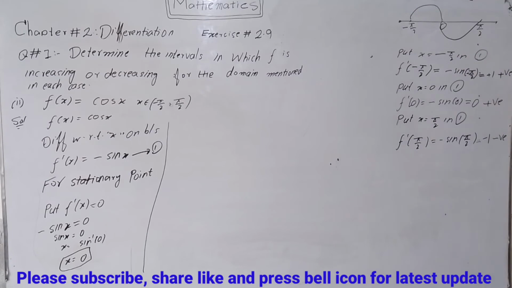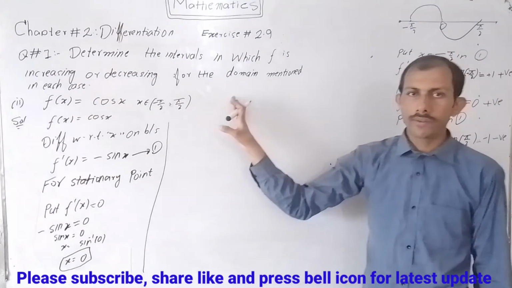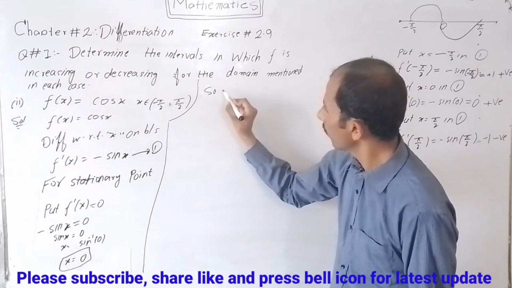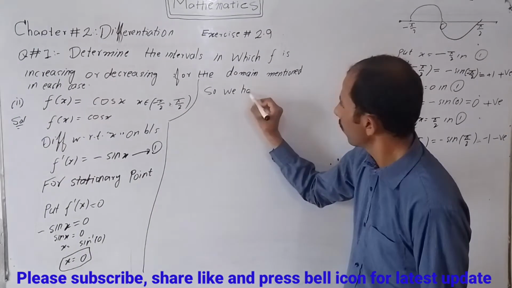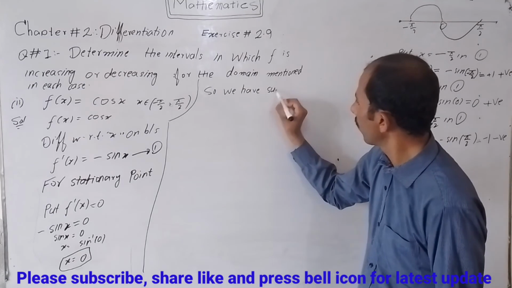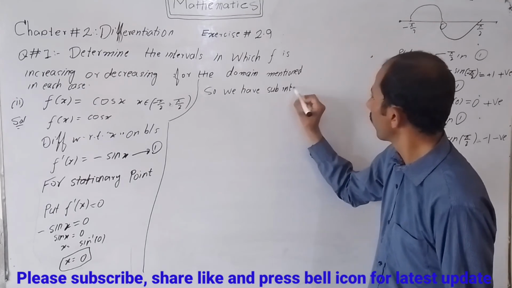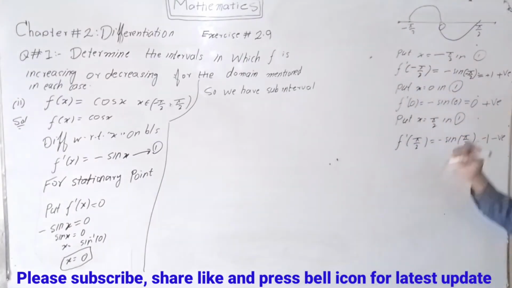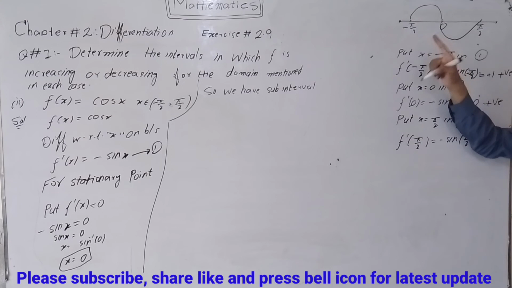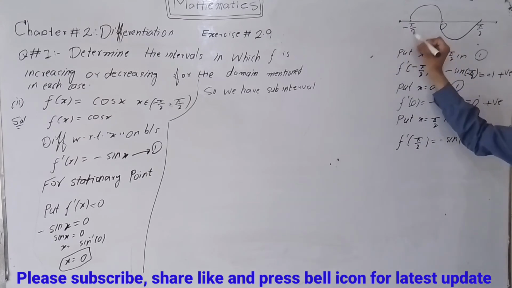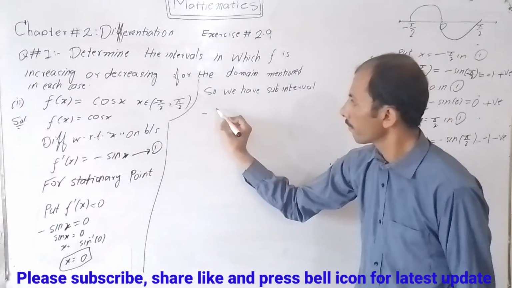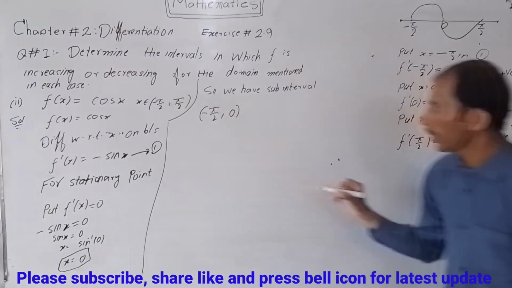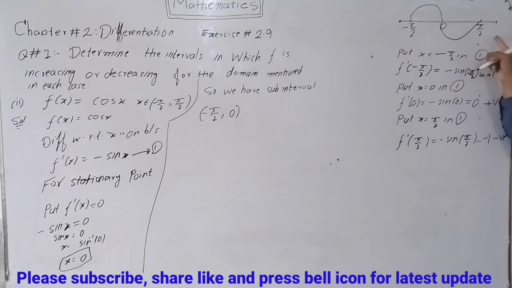These points give us subintervals, that is minus pi over 2 to 0, and 0 to pi over 2.